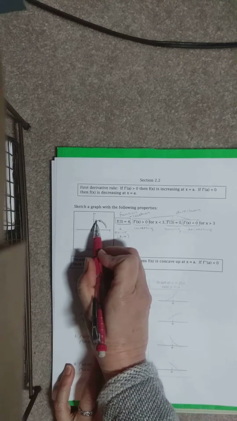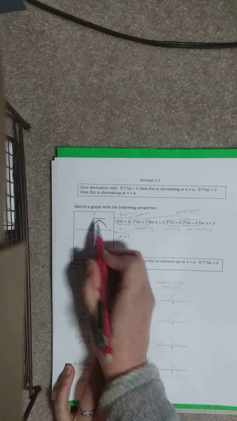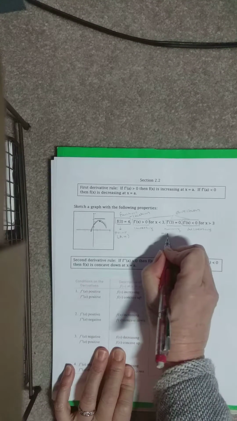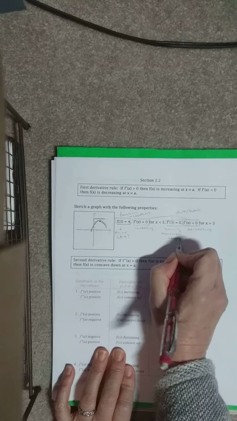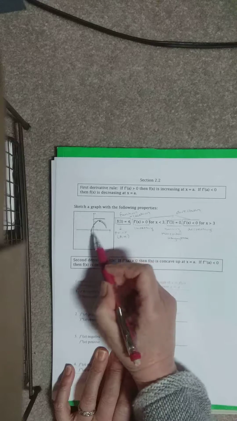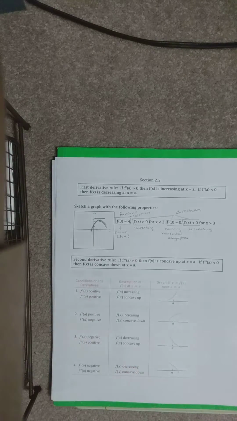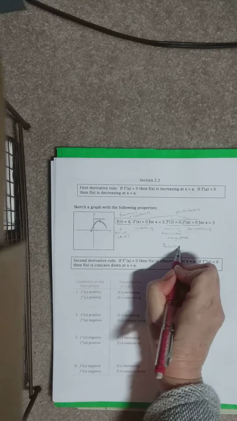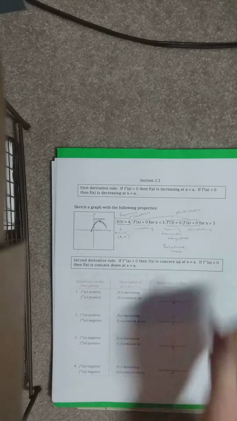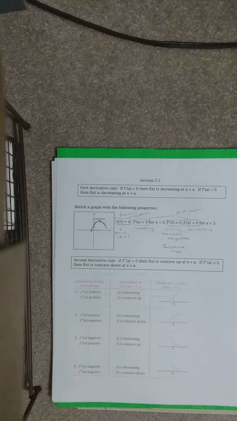But right at that point of 3, we have a horizontal tangent. So at that point, the slopes of the tangent aren't positive or negative, they're 0. And it's a place in the graph where we wouldn't call it increasing or decreasing. And in fact, we learned last time we're going to call it a relative max, that change in direction in our curve.